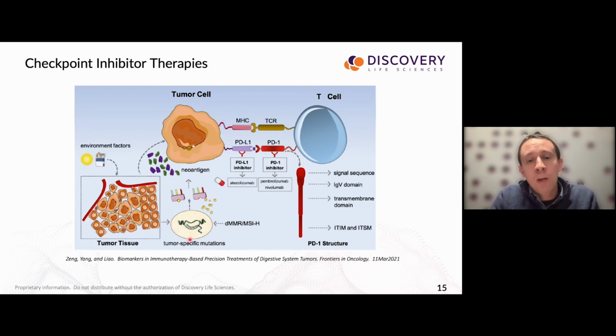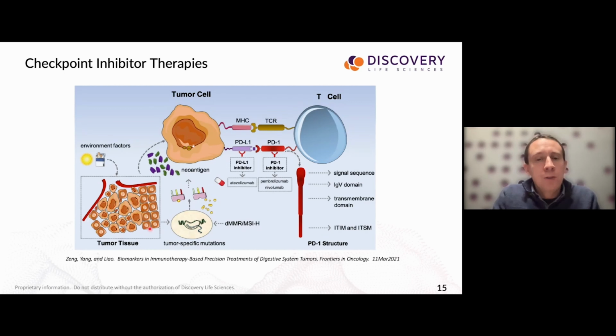One of the very nice readouts of this idea of tumor-specific mutations comes from mismatch repair proteins. Particularly, there are 4 that are examined: MLH1, MSH2, MSH6, and PMS2. A deficiency in any of these can predispose to a high degree of instability within the genome.